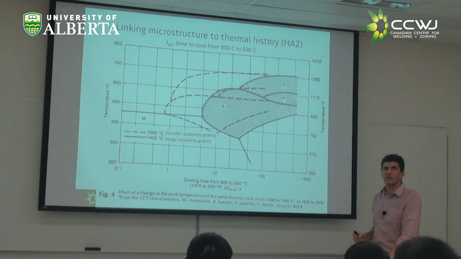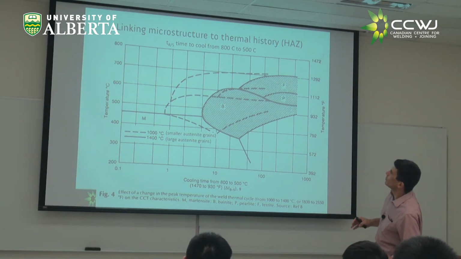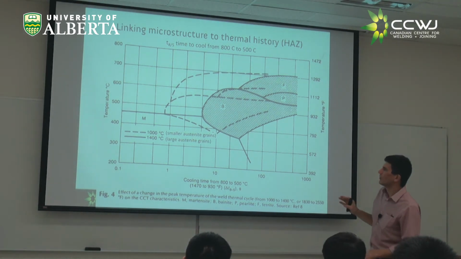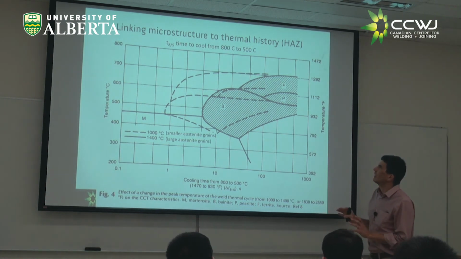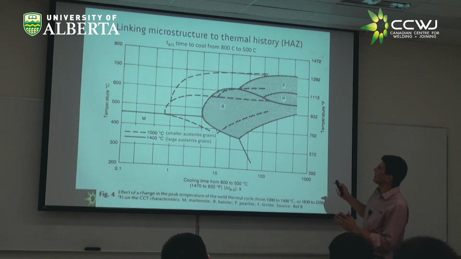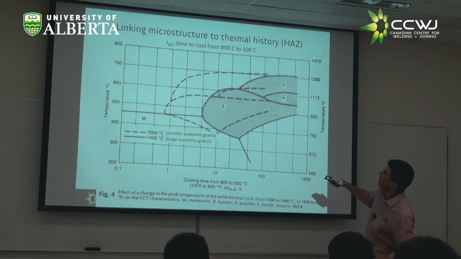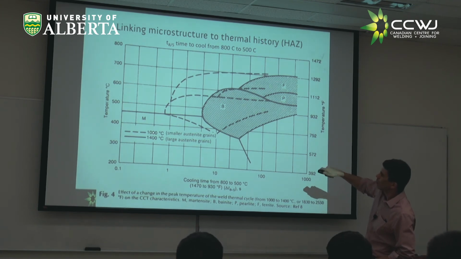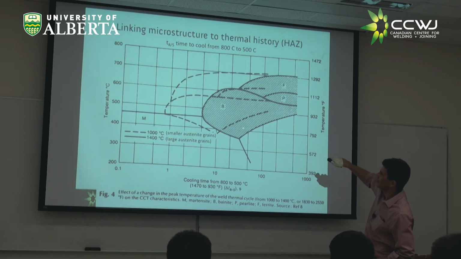So I have a few minutes. I want to try to go quickly over linking the microstructure to the thermal history in the heat-affected zone. You know, this is a CCT diagram now. And I actually have two CCT diagrams superimposed. One is for 1,000 degrees, and one is for 1,400 degrees, right?